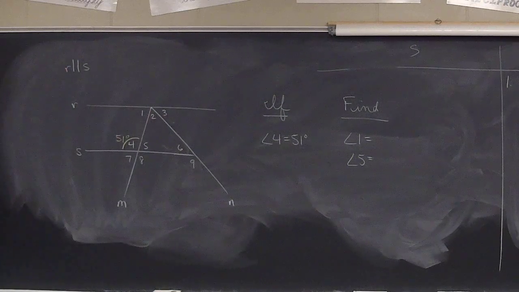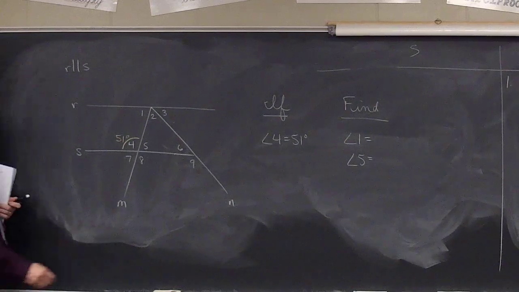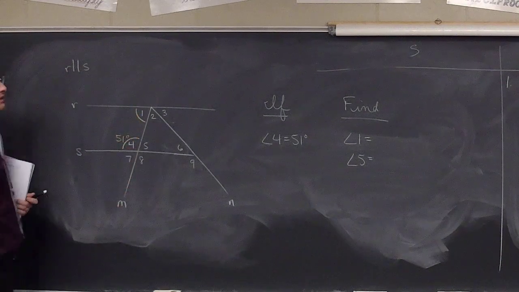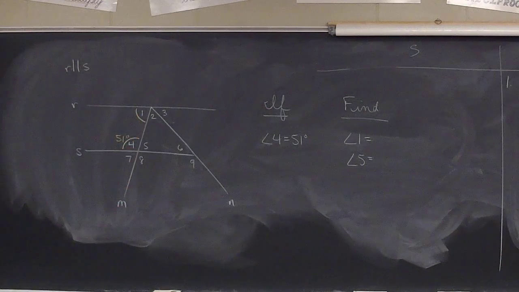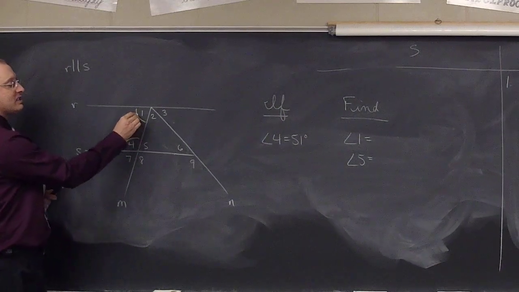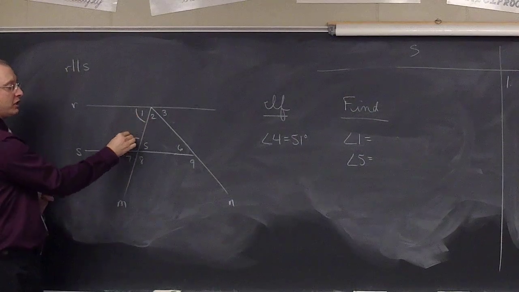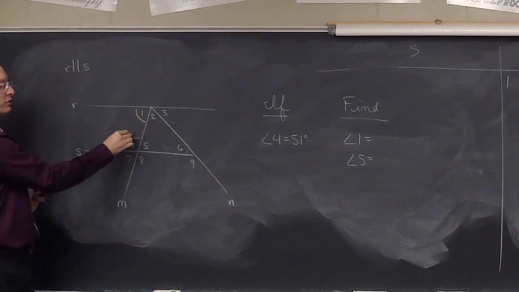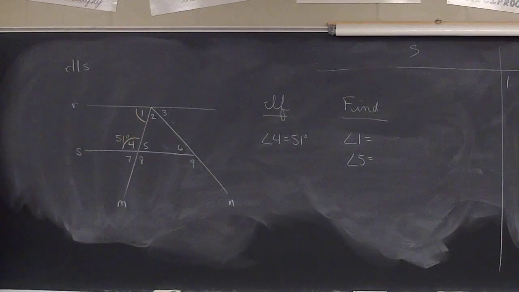I don't need to find anything else first. I've got a theorem or a corollary that allows me to directly find angle 1. Is it 51 also, class? No. What did we say was true? If two parallel lines are cut by a transversal, then the sum of the two interior angles on the same side of the transversal will equal a straight angle.